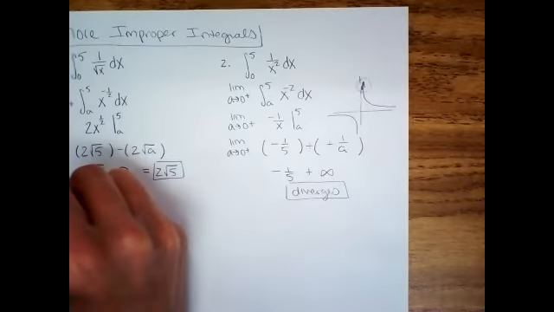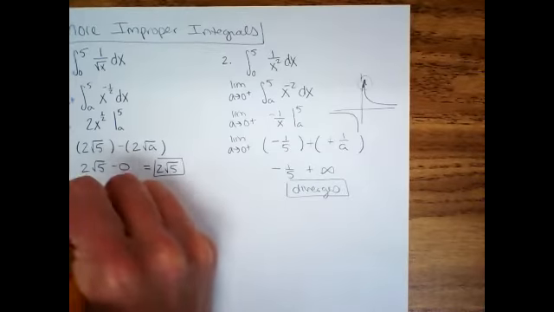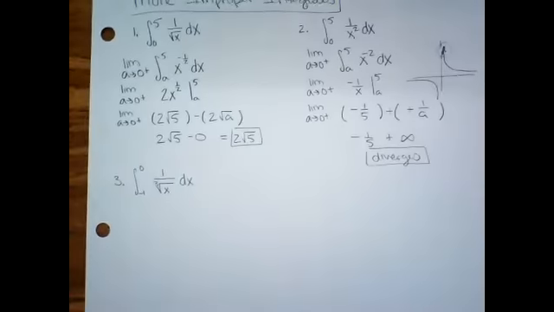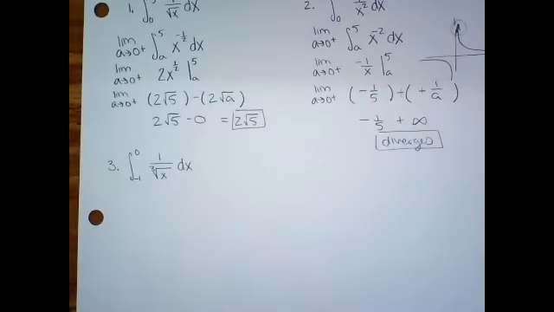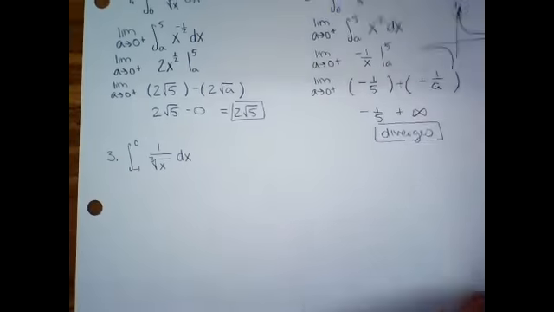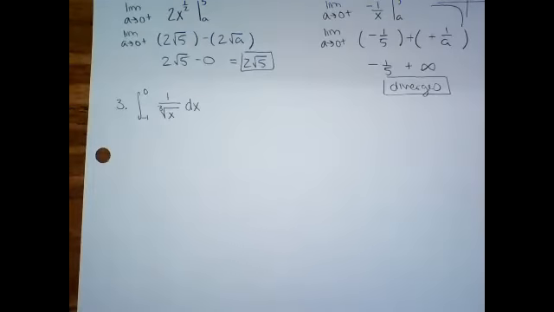I guess we'll do this one. Sorry, that's a cube root of x. So where does that graph have a vertical asymptote? 0.